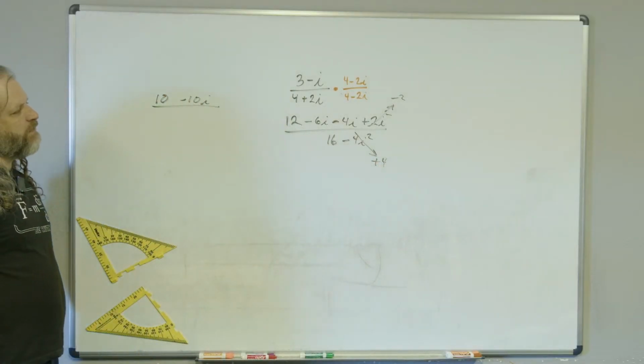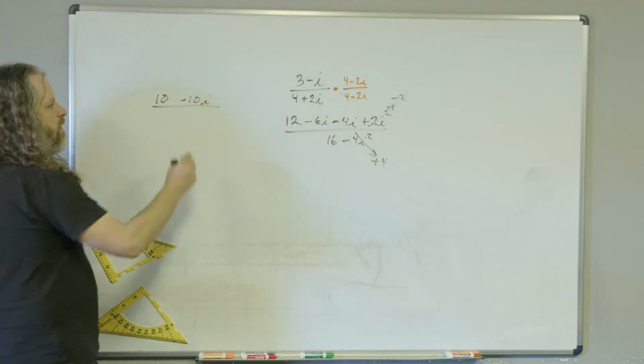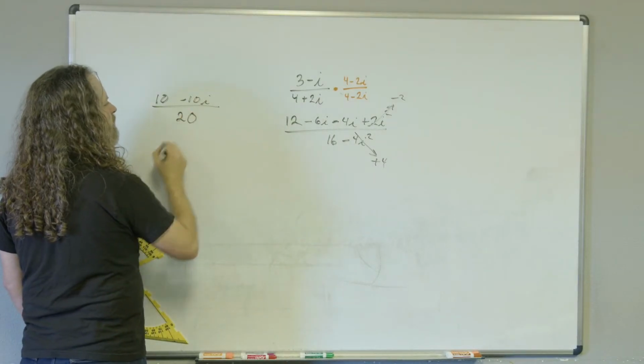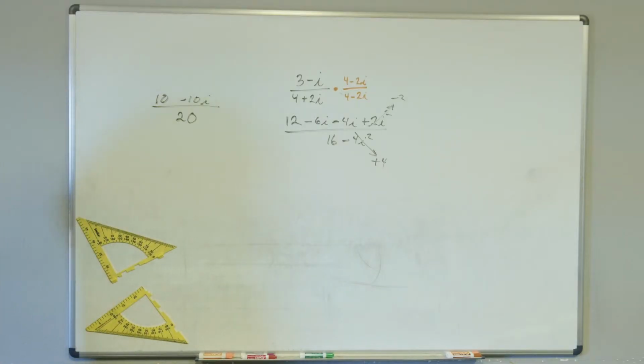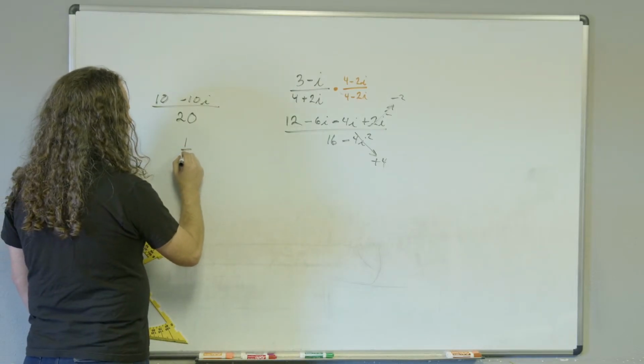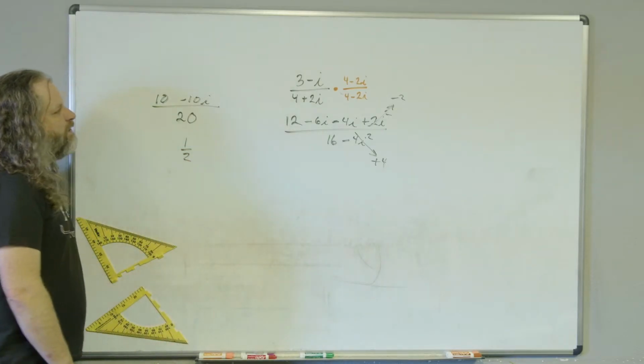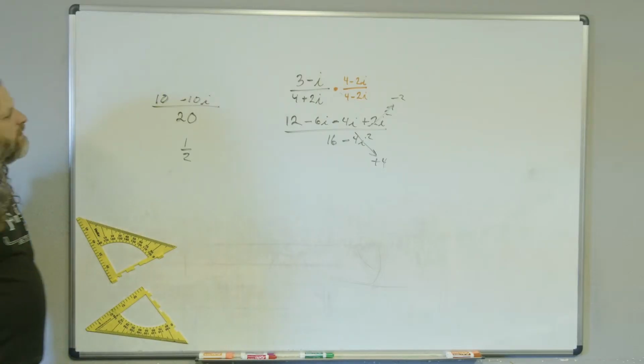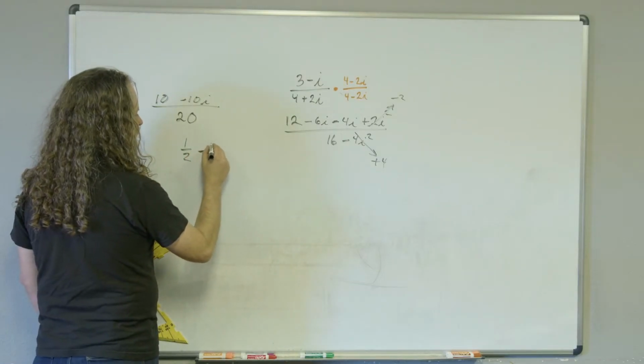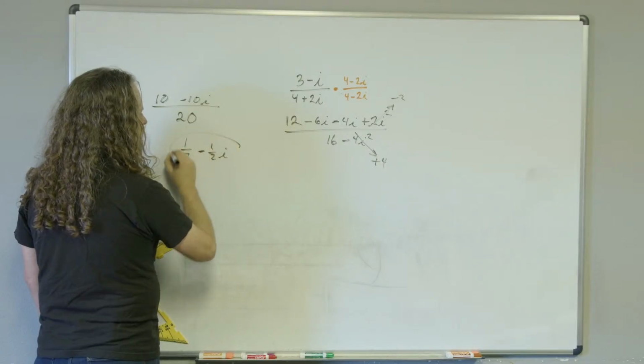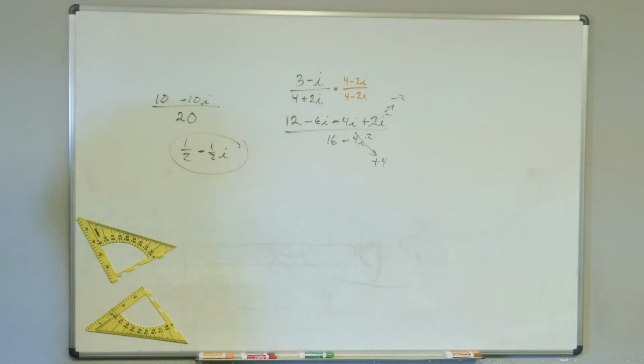So what's 16 plus 4? 20. Now what? And reduce, right? So what's 10 over 20 reduced to? 1/2. And what's negative 10 over 20 reduced to? Negative 1/2 i. And then there it is. I didn't distribute it right. That's why I did it wrong. Nice.